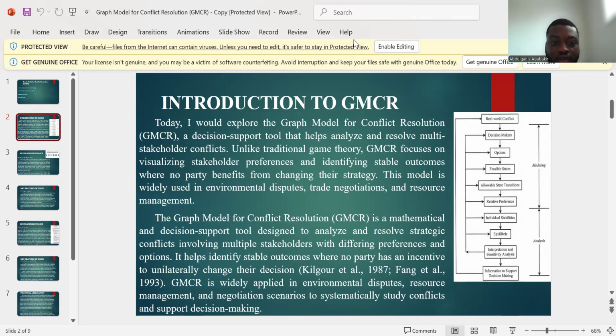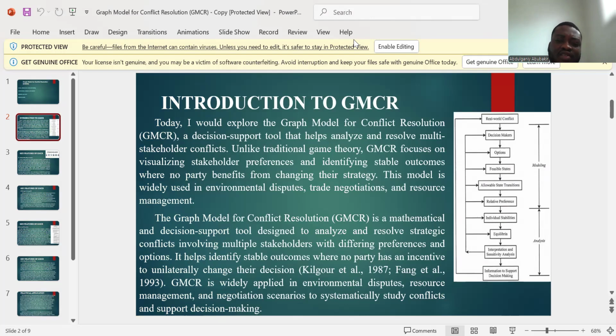So it focuses on stakeholders, their strategies, benefits from the strategies, and any potential conflict that can happen in future. GMCR also works on that.